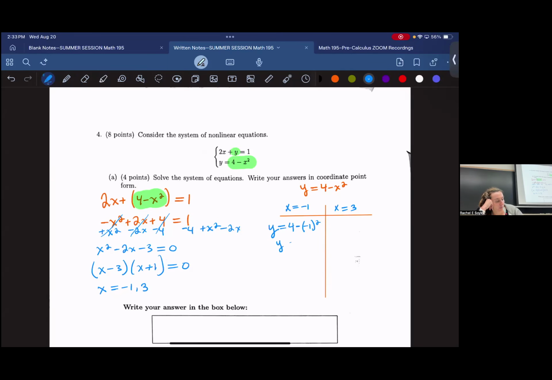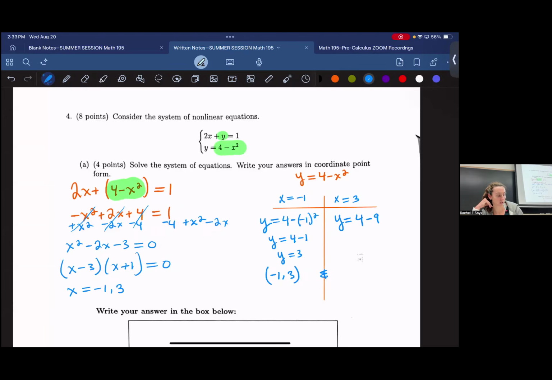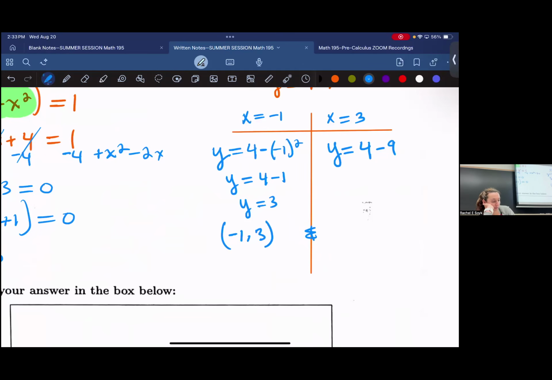We have y is equal to 4 minus 1, which means one potential solution is at (-1, 3). And then another potential solution is at y is equal to -5. The point (3, -5).